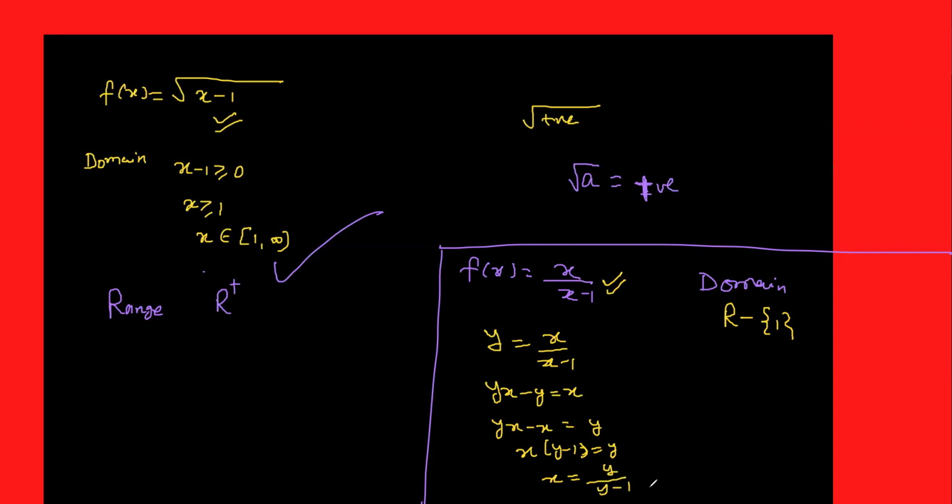So what value of y can you put? You will say, sir, you can put any value of y, but 1 you cannot put. So other than 1 you can put anything. So range means you will get any number, but you will never get 1. This is called range. Understood? So note down this question.